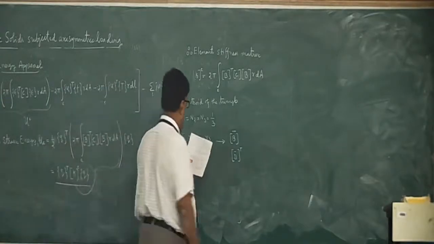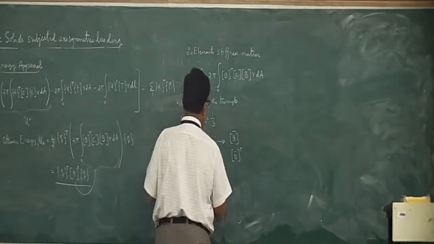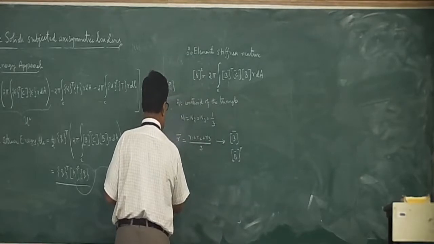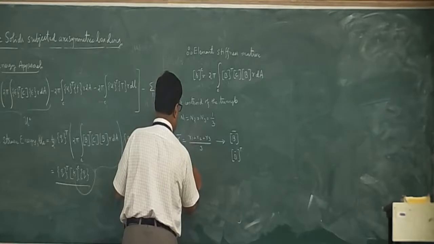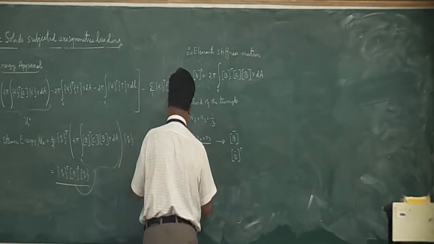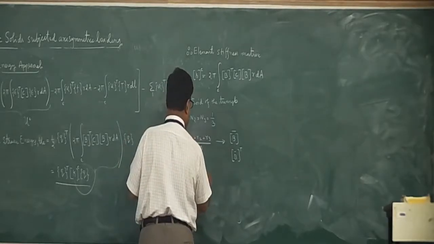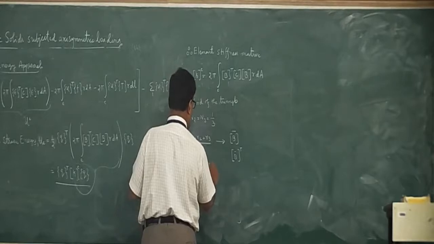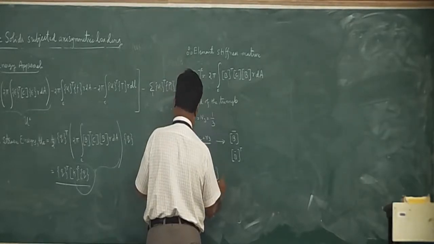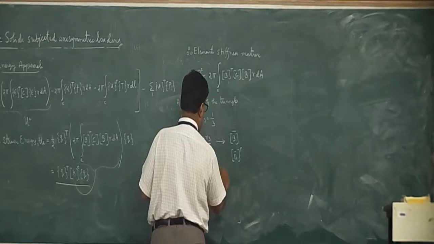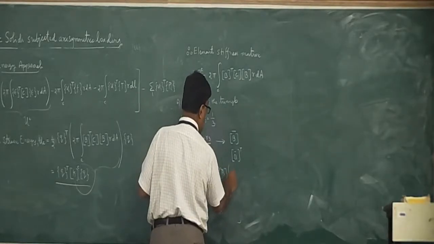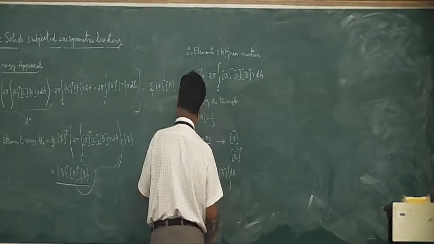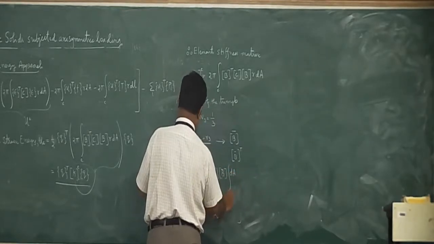So our modified element stiffness matrix will be KE equal to 2 pi R B bar transpose into C into B bar, integration over dA over the element.